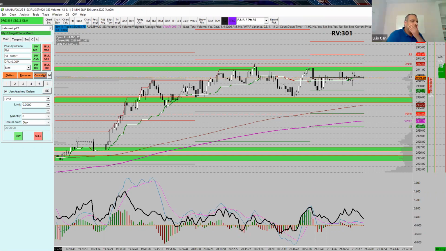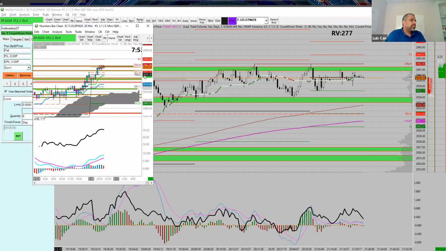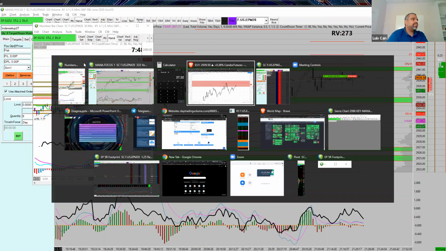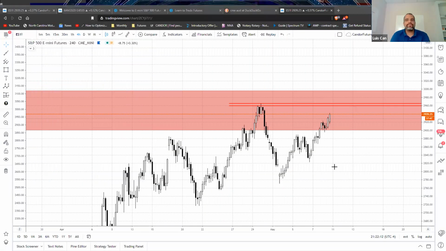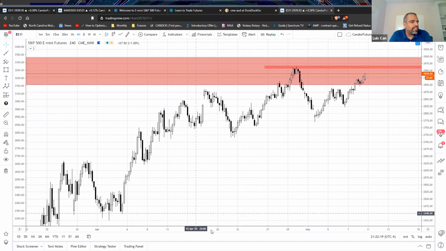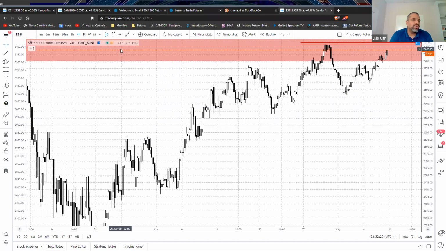All right, what else? Let's finish up with understanding market structure. Another part of market structure is that the market moves on higher highs and higher lows when you're uptrending.